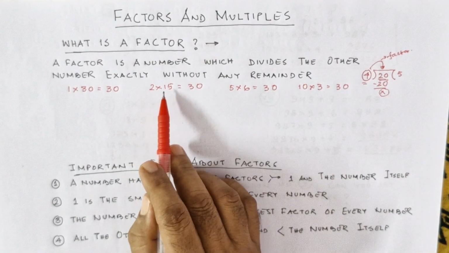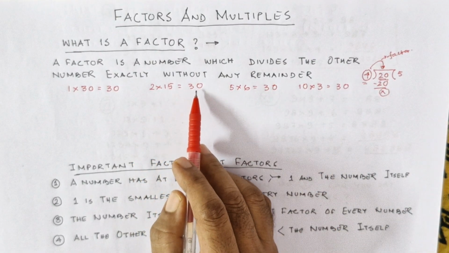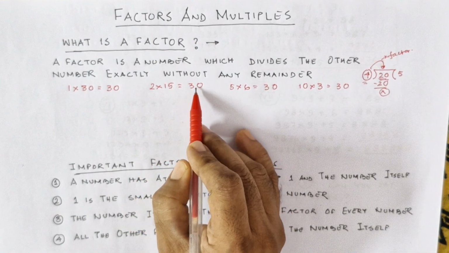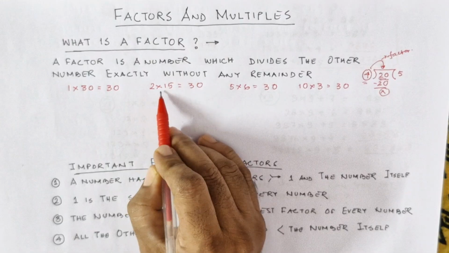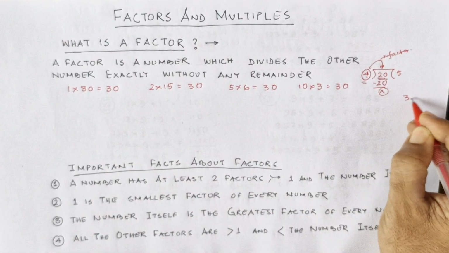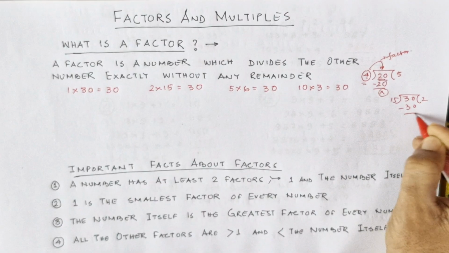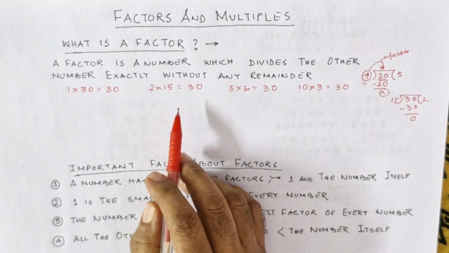See, 2 multiplied by 15 is 30. So if I am multiplying two numbers to get this product, the product is exactly divisible by these numbers. So 30 is exactly divisible by 15. Got it?